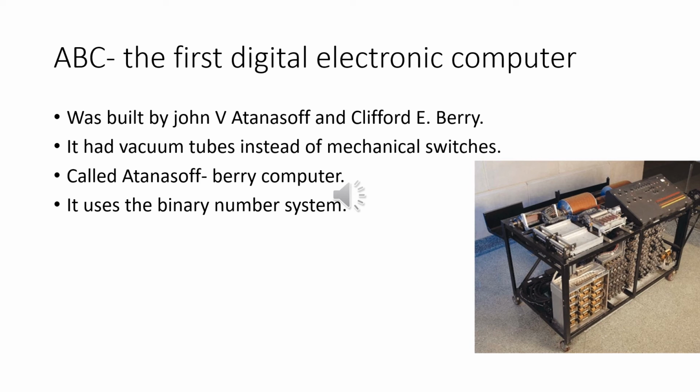The first computer prototype was built by John V. Atanasoff and Clifford E. Berry. It had vacuum tubes instead of mechanical switches. It was called the Atanasoff-Berry Computer, ABC. It used the binary number system like a modern computer.